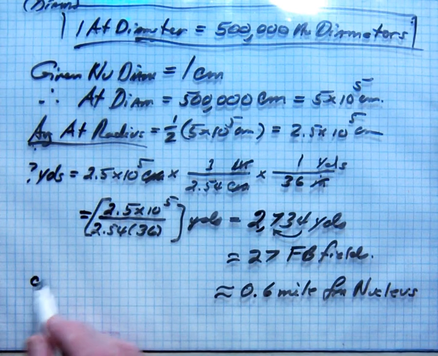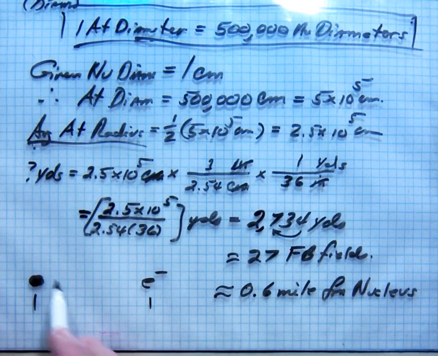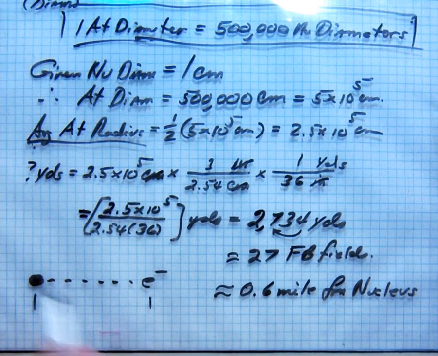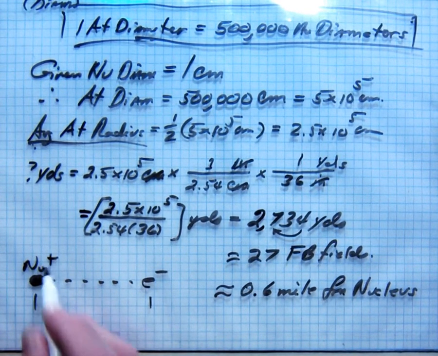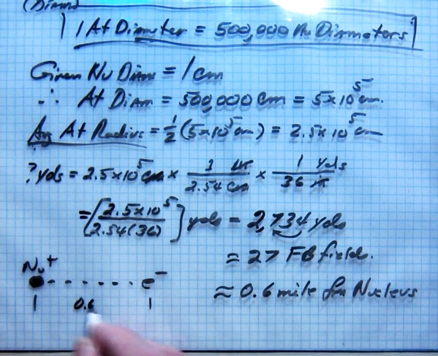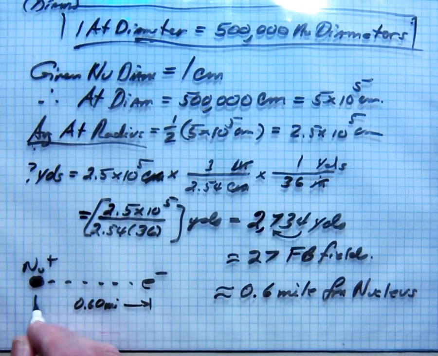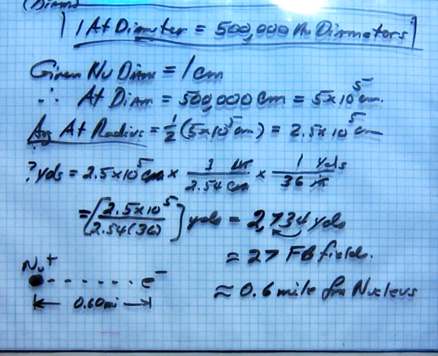So if we had a nucleus and an electron, the distance between the nucleus and the electron is about 0.60 miles, like that.